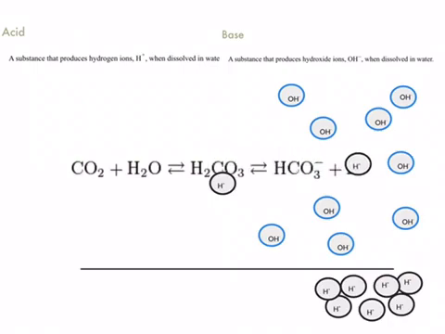Then it's going to dissociate and form these ions, and we now have an acid combining with the hydroxide ions there, the base. And what I'm trying to illustrate here is the neutralization that's taking place.